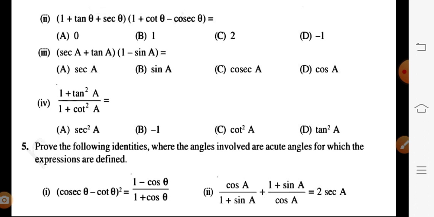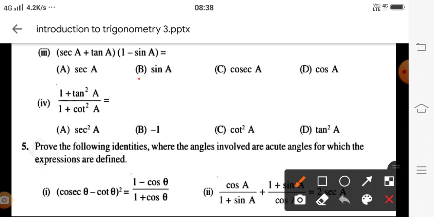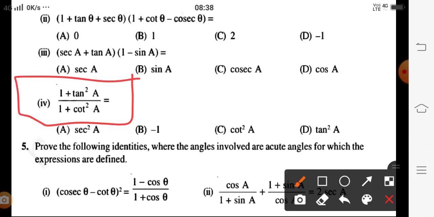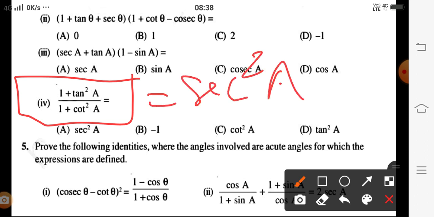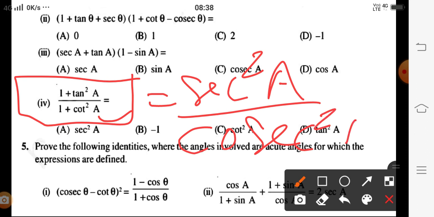Question number 4, in this you have to solve the second, third and fourth parts. Use the identities. If we observe the fourth part of question number 4, then clearly you are observing the identities: 1 plus tan square a is sec square a, and 1 plus cot square a is cosec square a. But if you are observing, we are not getting any such option.